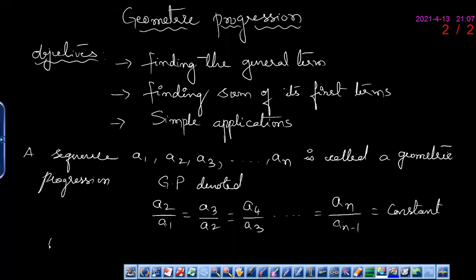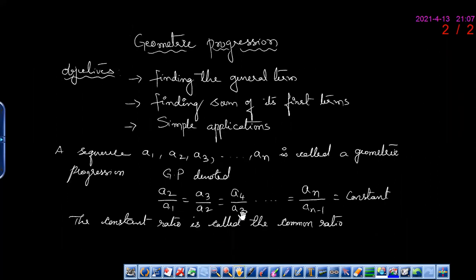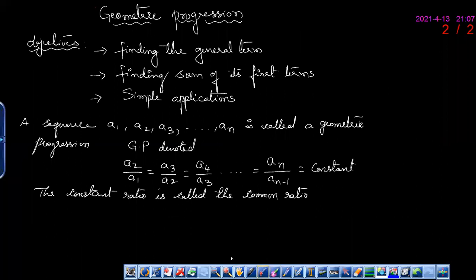The constant ratio is called the common ratio, and it is denoted by the letter R.